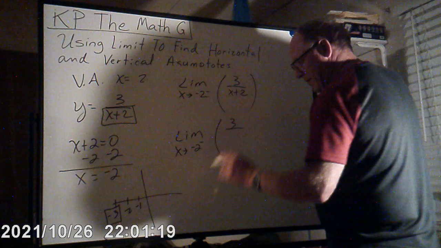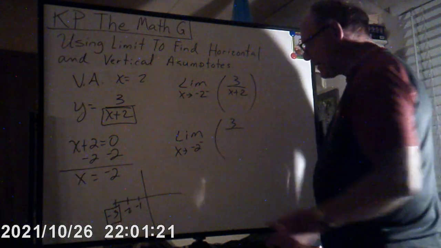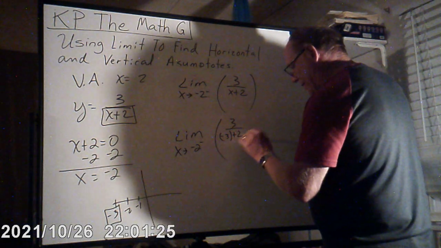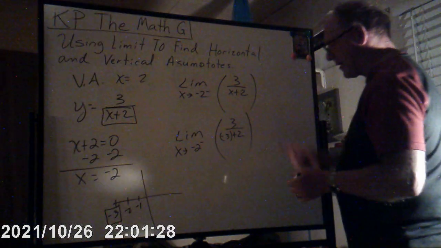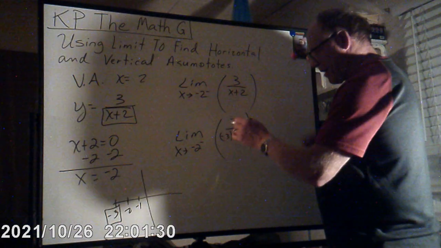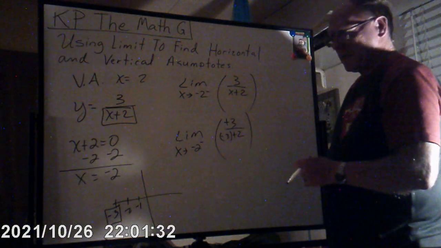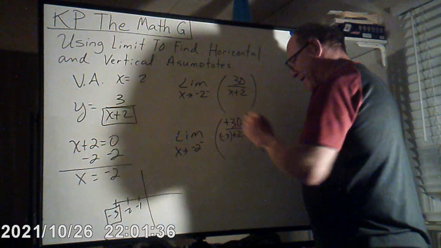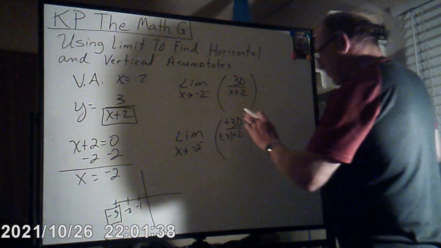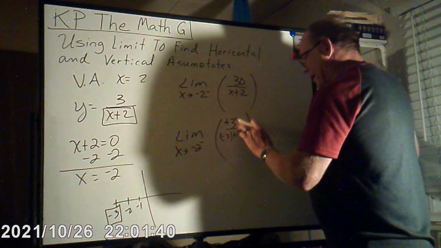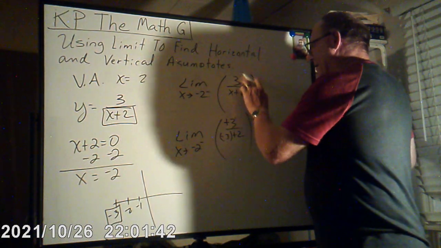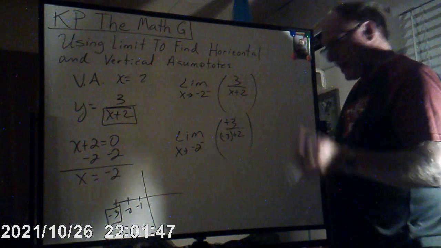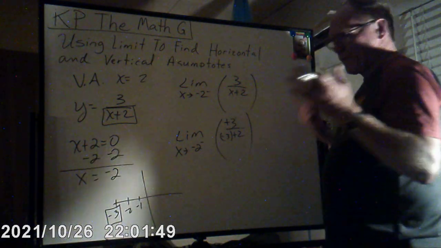Now, we could have picked a different number, but if we pick -3 plus 2, we're going to see that the numerator is obviously positive. We don't care what the number is. This could be 30 for all we care. It's still a positive number. What we're determining is: is this going to be a positive infinity, or is it going to be negative infinity? That's what we're finding every time.